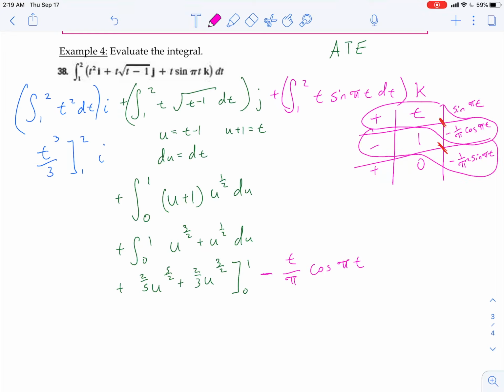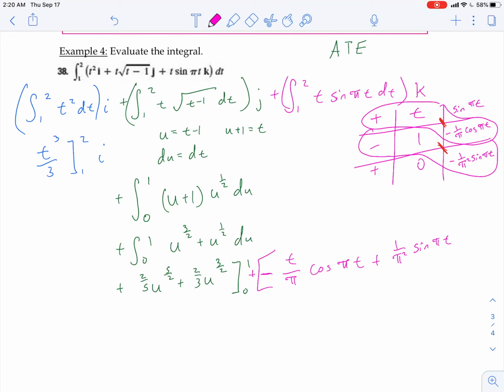And then I'll take the next part, and since I have two negatives, it's going to be positive, so plus 1 over pi squared sine of pi t.